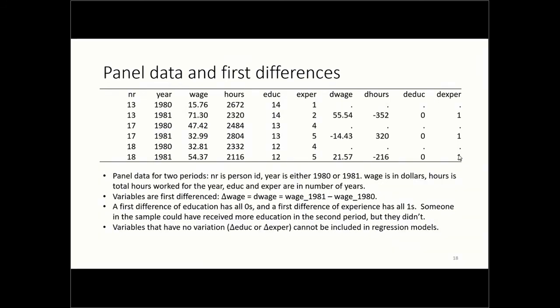And one of the problems is that we cannot have a variable like that in our model because we would have perfect collinearity. So we cannot estimate a model like that, and such variables cannot be included in the model here. We would need to have only the differences for the variables that vary over time.